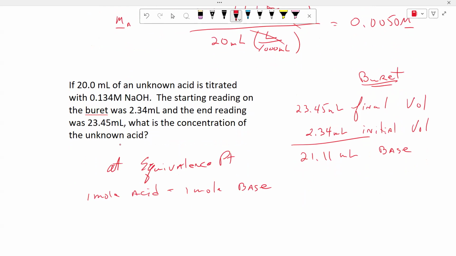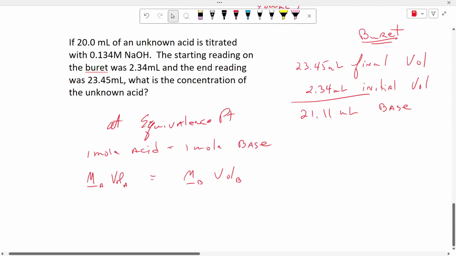I'm going to convert it to concentration of acid times the volume of acid equals concentration of base times volume of base. So those are the 4 parts, and we've got all except for the concentration of the acid right here.